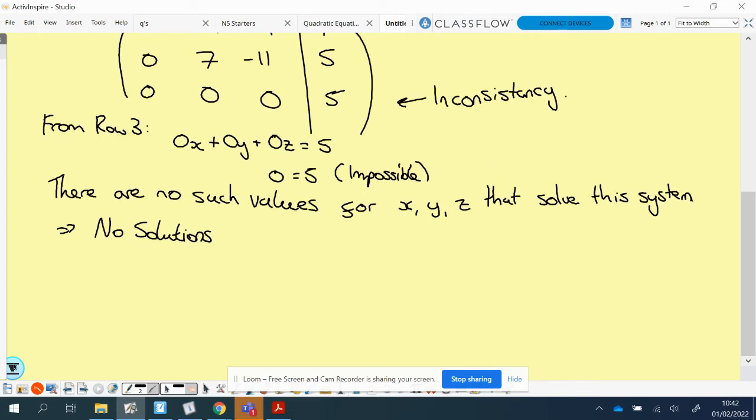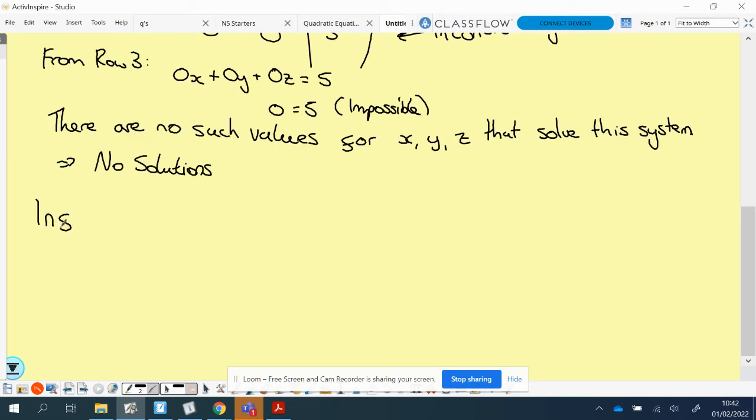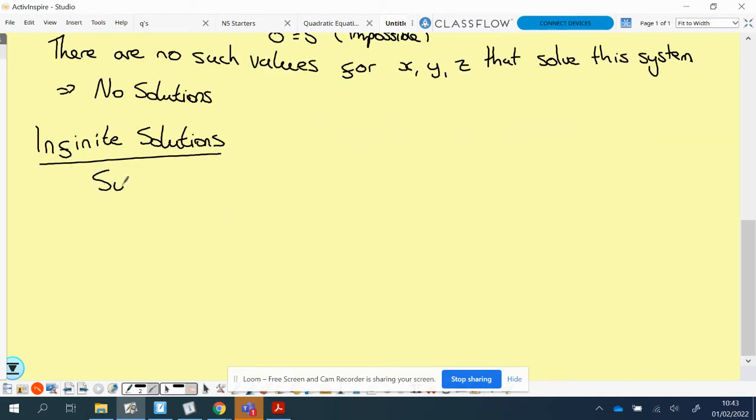The second case we're going to look at is when you actually get infinite solutions. In other words, we can have more than one solution. So again, we'll just go straight into an example to see how this works.